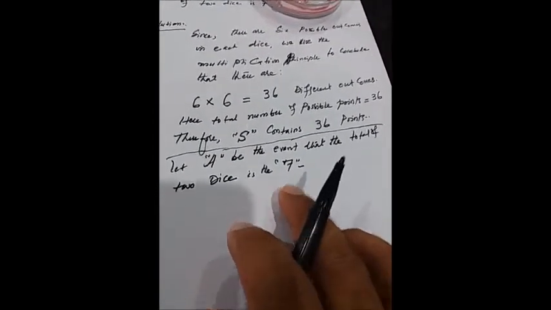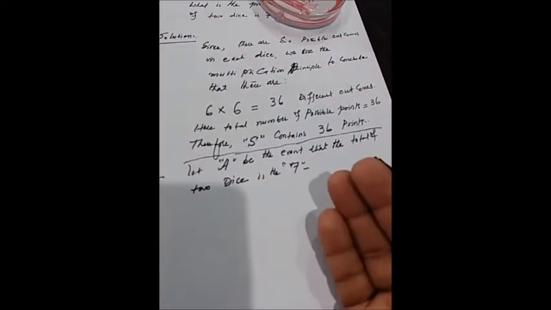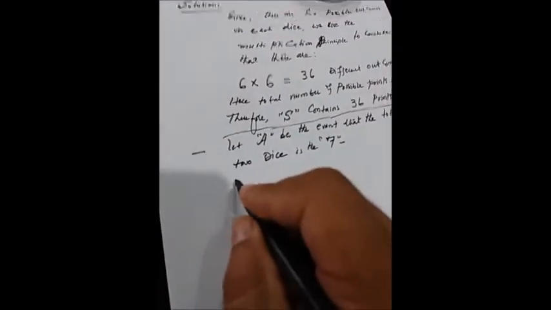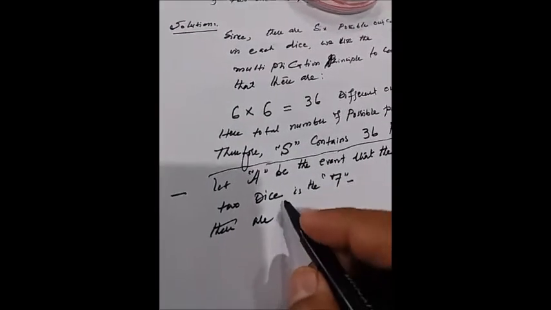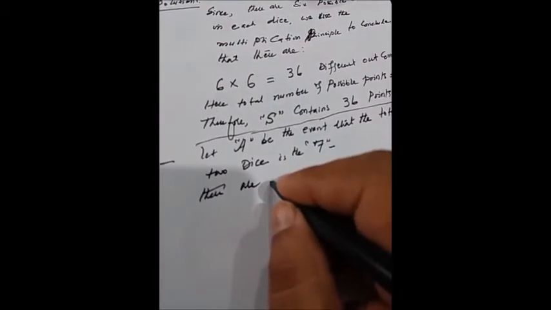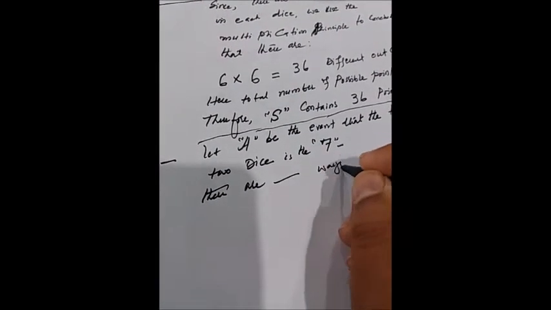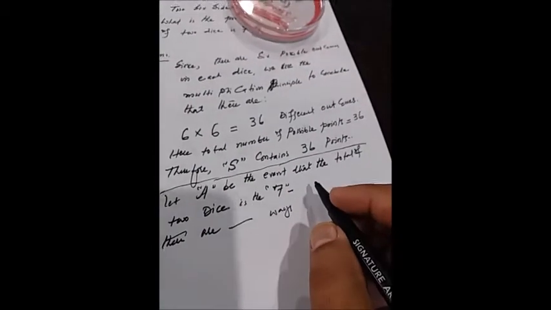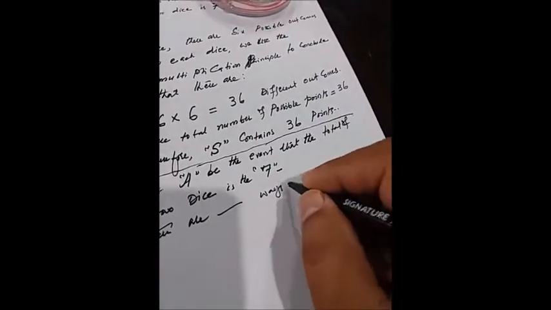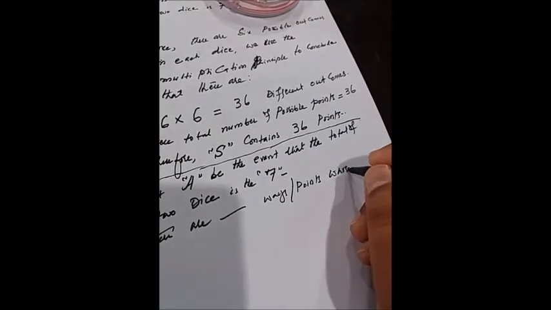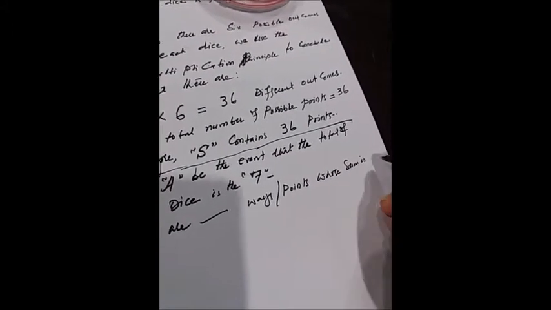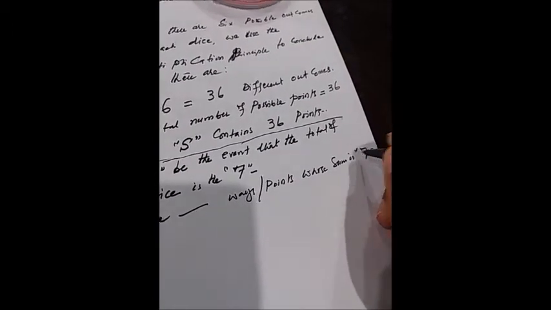How can the 7 be rolled, and how many ways are there by which the 7 can be rolled with the two dice? So there are dash ways, or points, whose sum is 7.